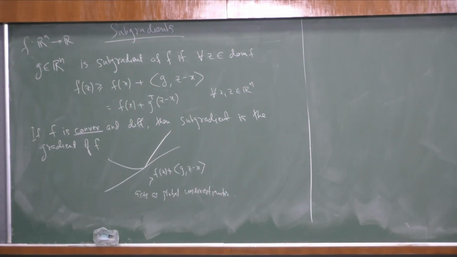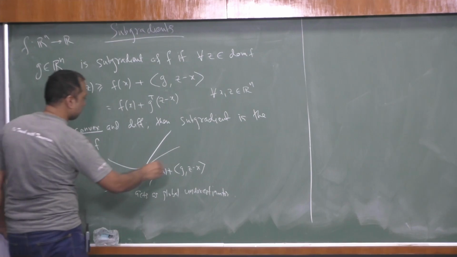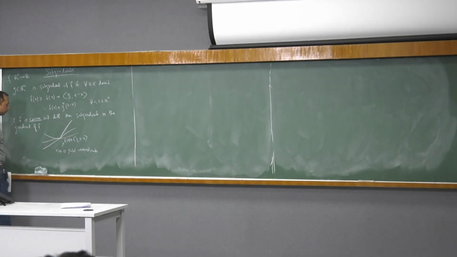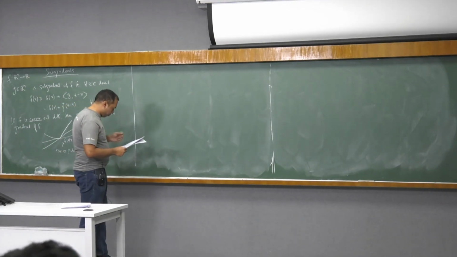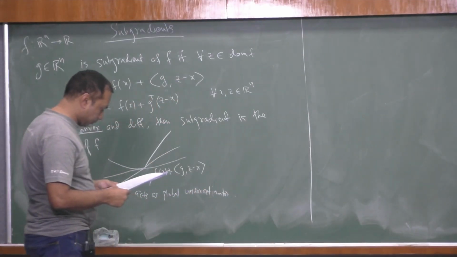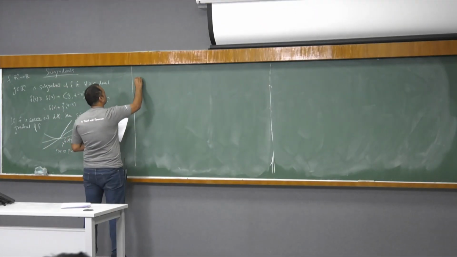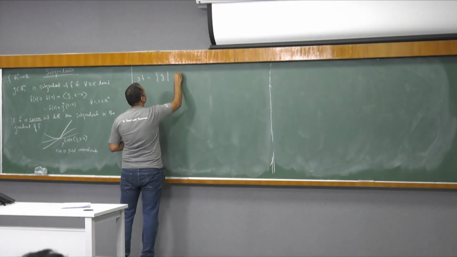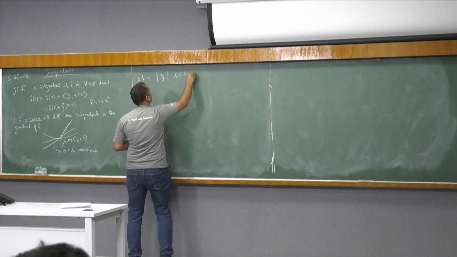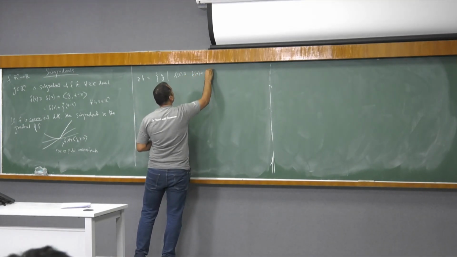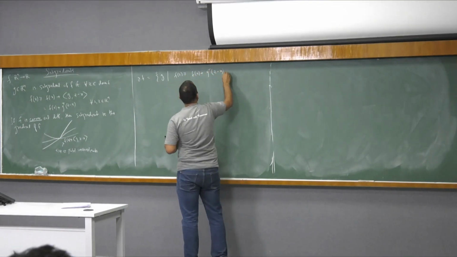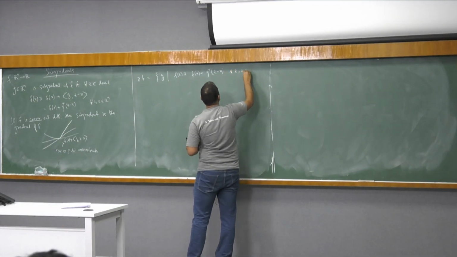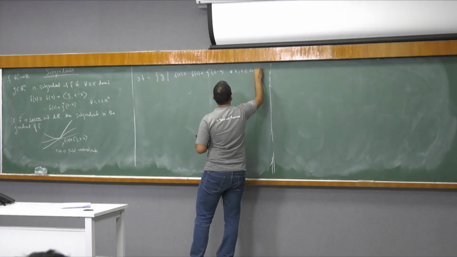And if we collect all those possible subgradients, then we can form a set, the subdifferential. So the subdifferential is the collection of all g such that f(z) is greater than or equal to f(x) plus g transpose (z minus x) for all z in the domain of f.